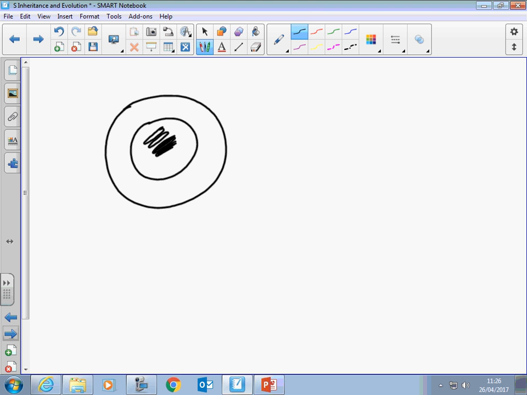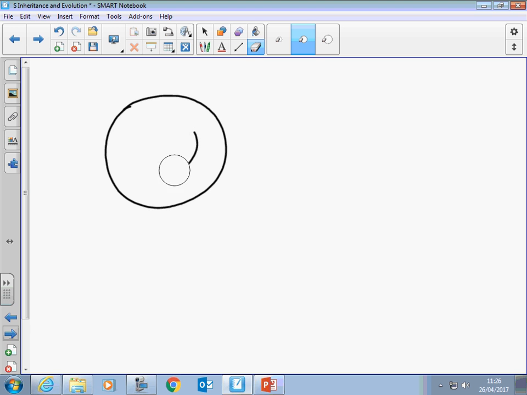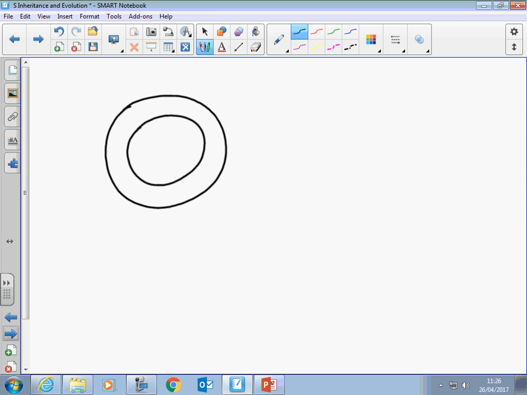It's just so difficult on this board. I'll make the nucleus a bit bigger. I'm just going to draw one of them in. That whole thing there is a bivalent.